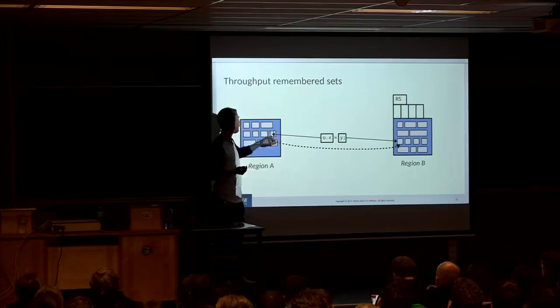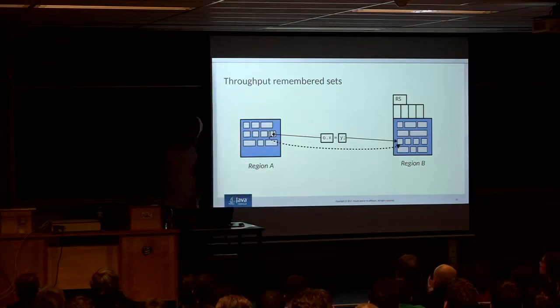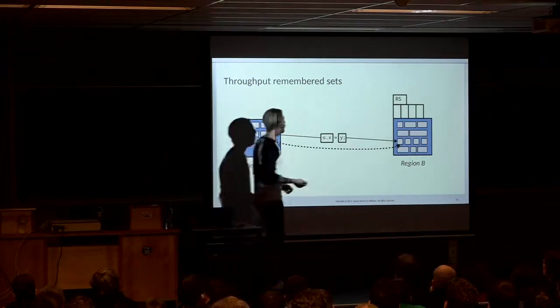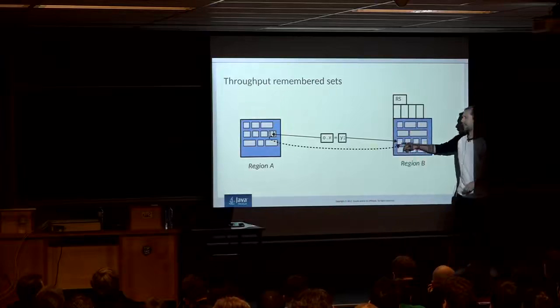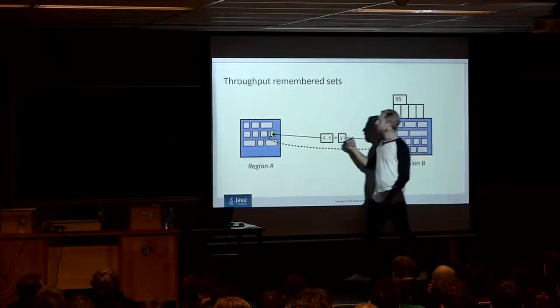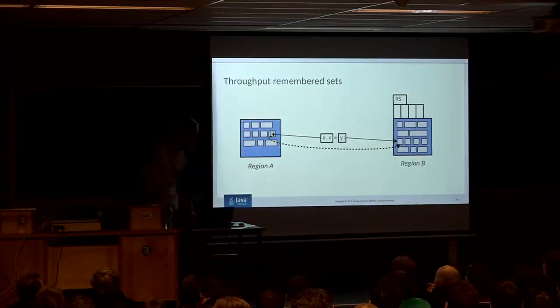So now something interesting happens. This will create the edge from the object O to the object Y, because we're writing the address of the object Y into the field x in the object O. That means there's now an incoming pointer to region B. So if we would ever move this object, then the field O.x over here must be updated as well.